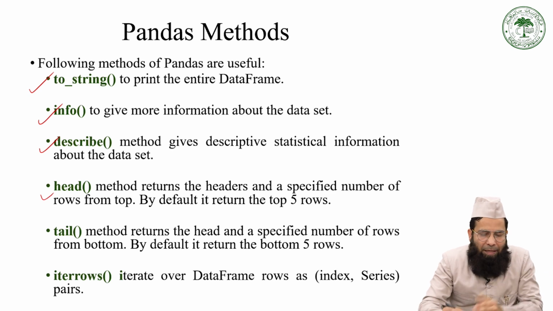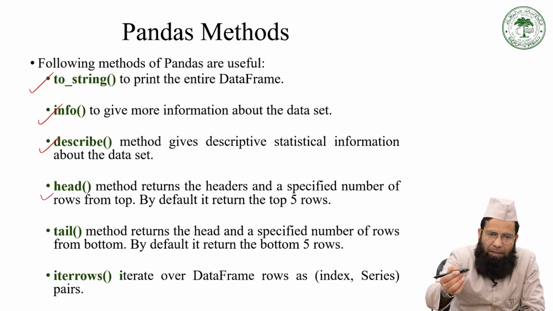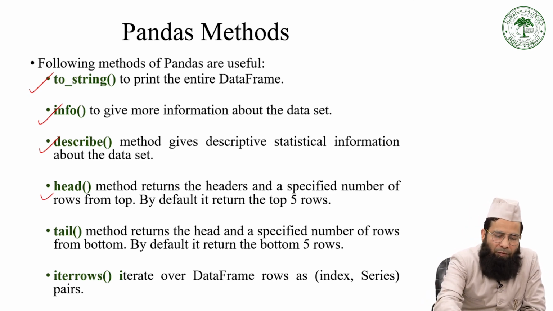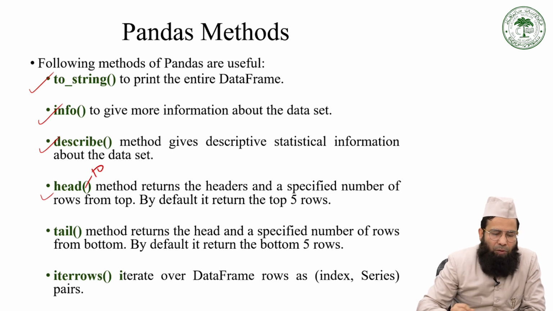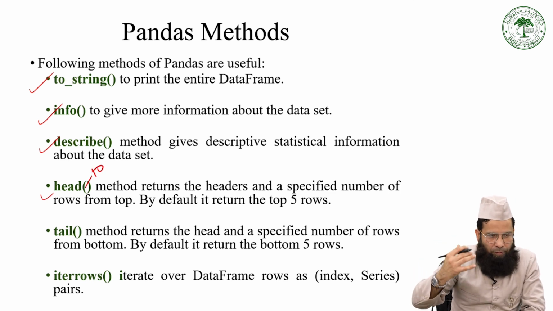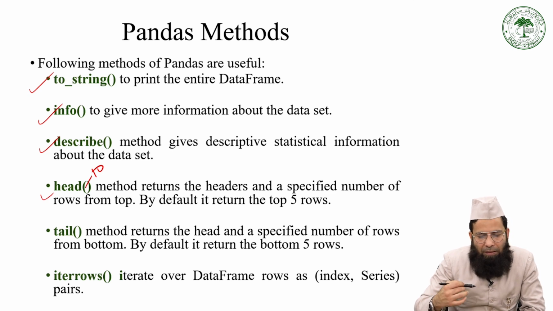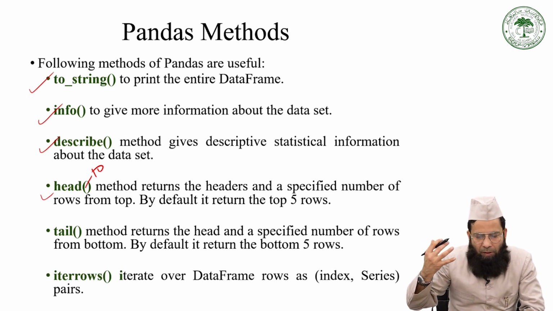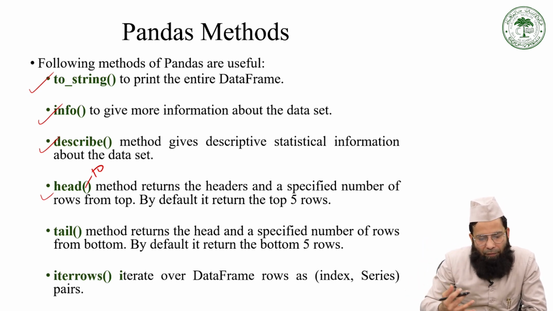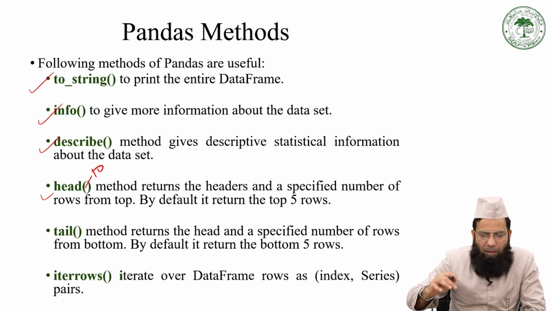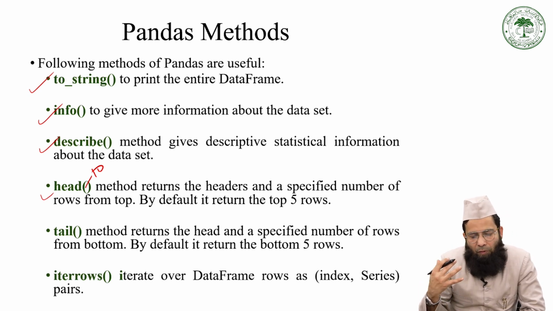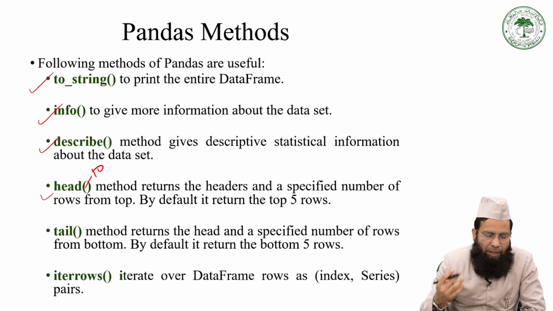If you are not giving any argument, it would return the top 5 rows. If I am giving 10 here, it will return the top 10 rows. As far as tail is concerned, it returns the rows from the bottom. If you are not giving the parameter, then only 5 rows from the bottom would be returned.